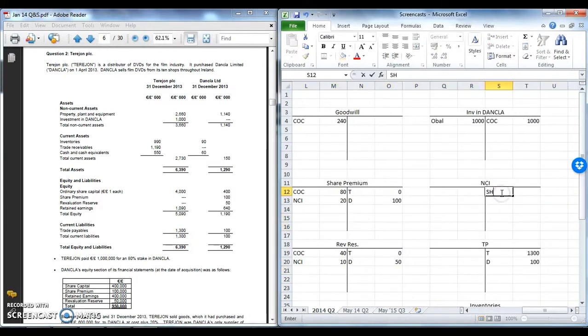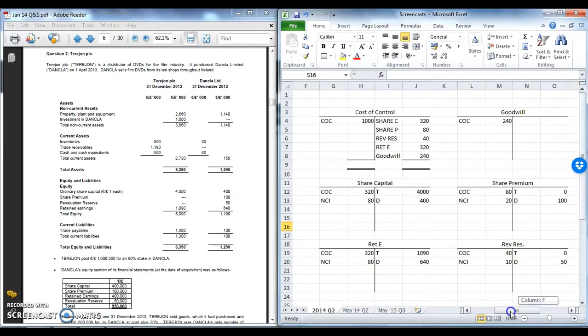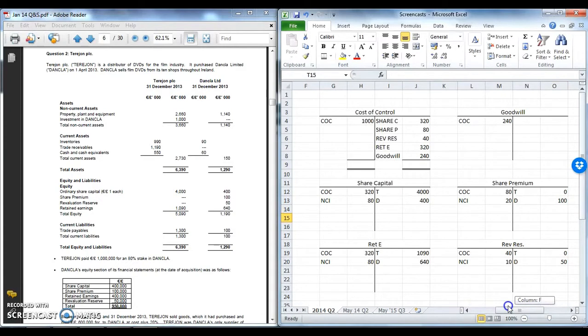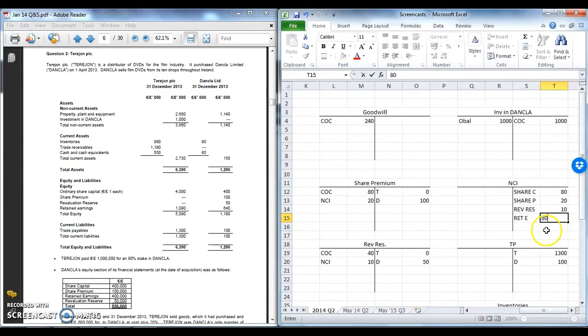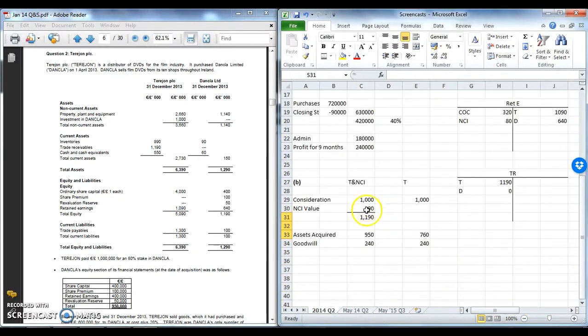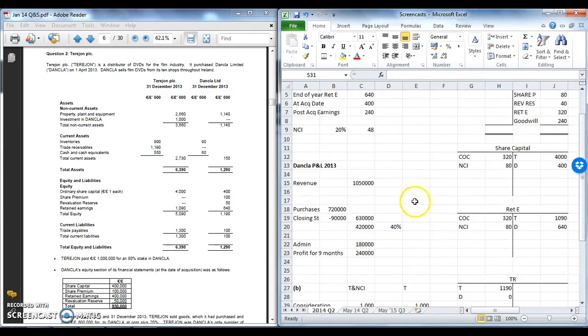So bringing them all into the NCI, you have share capital, share premium, reval reserve, and retained earnings. You should notice that the value of the NCI will come to the same value as in the columnar method. Share capital is 80, share premium is 20, and it makes it clear for the examiner where the figures are coming from. Revaluation reserve is 10, and finally retained earnings is 80. If you sum them up, and we won't do it explicitly here because you have to add in post-acquisition earnings, that comes to 190, which is consistent with the 190 value we'd already placed in it.